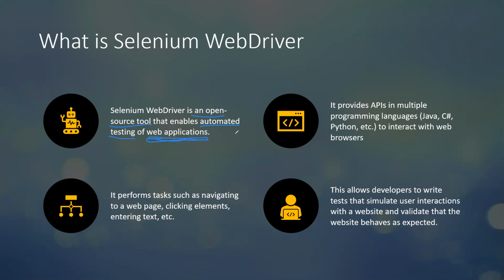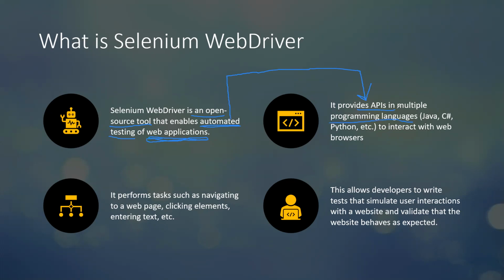Now, when I say automated, it means we will be using some code, so we'll see what kind of language it supports. That's the question that comes to our mind, because a few of you might be good in Python and a few of you like Java.